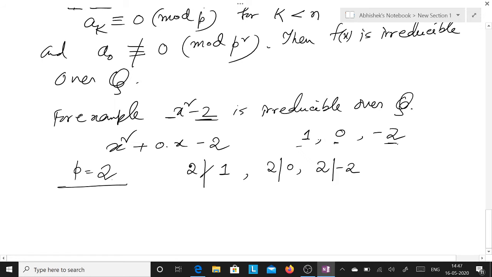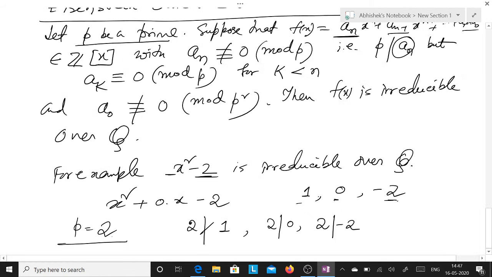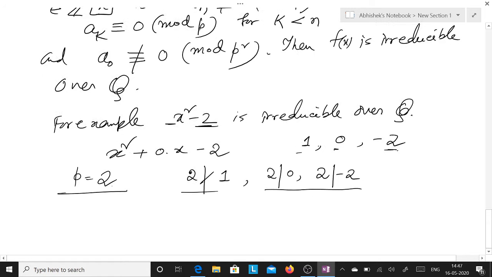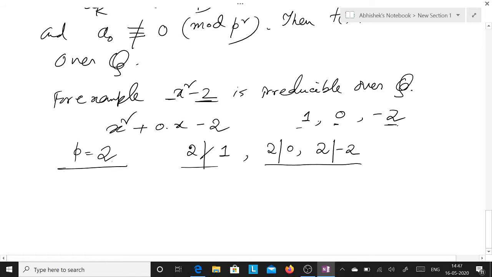And the second thing is that, so this satisfies the two conditions, and the remaining one is that now we need to consider the 2 square, that is 4. So this 2 square equal to 4. Now 4 will not divide the constant coefficient. So thus, in that case, this prime works good.